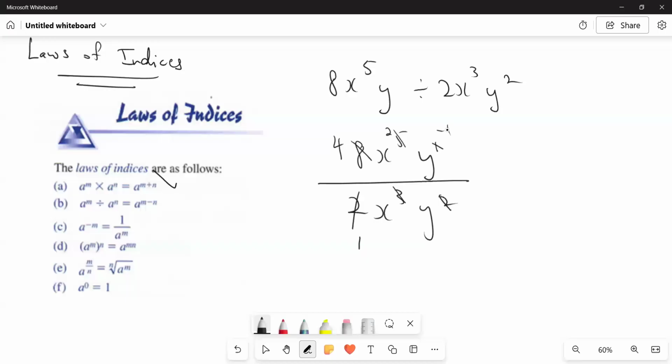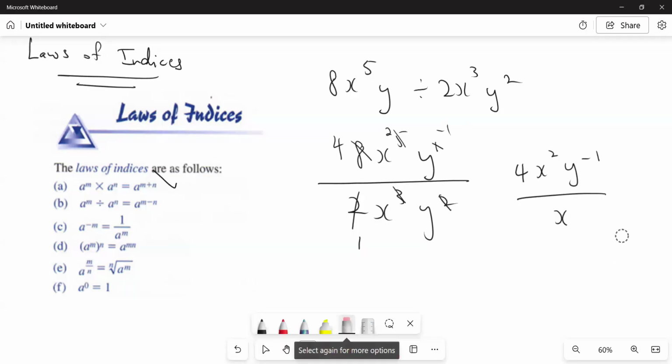But there was an easier way to do this. So you have 4x squared y to the -1. There's no x here.